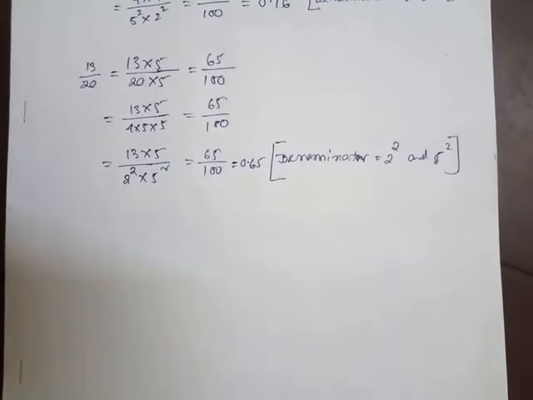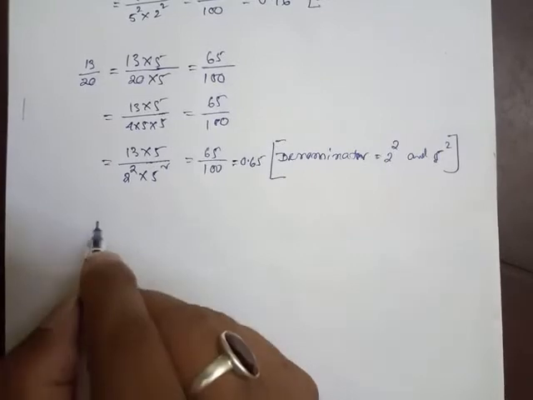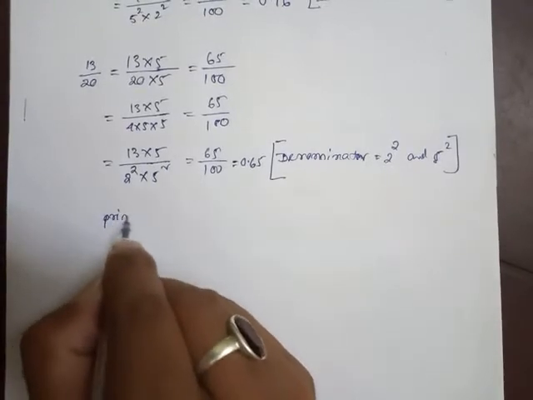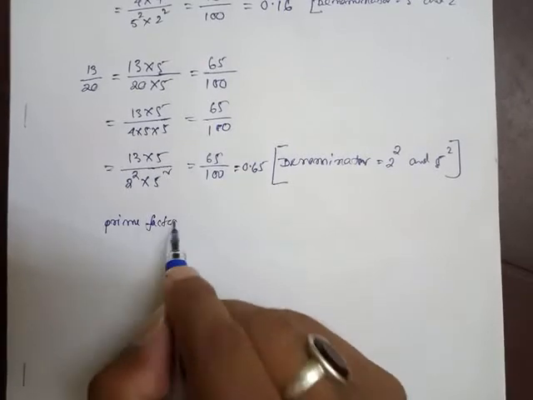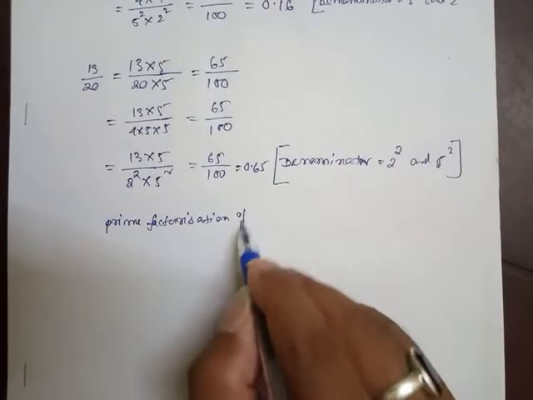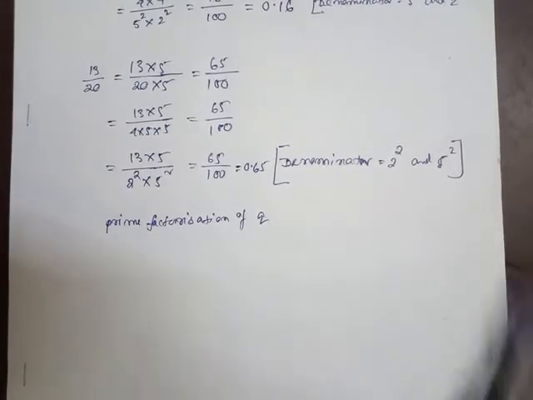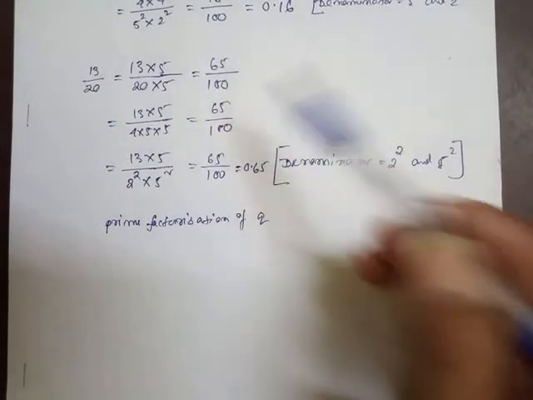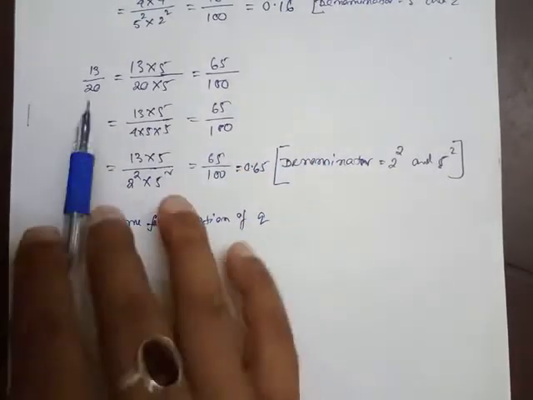Now student, we are going to write the last line here. That prime factorization of q indicates that the denominator, in p by q format, means this is a rational number. 13 by 20, 65 by 100 is also a rational number in p by q format, where q is 20 here.